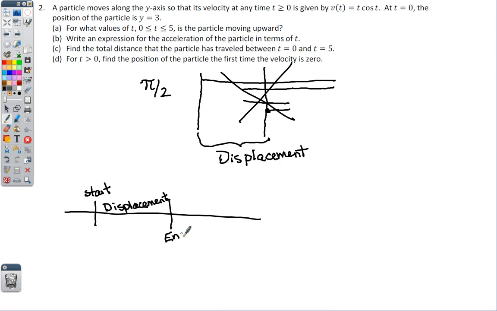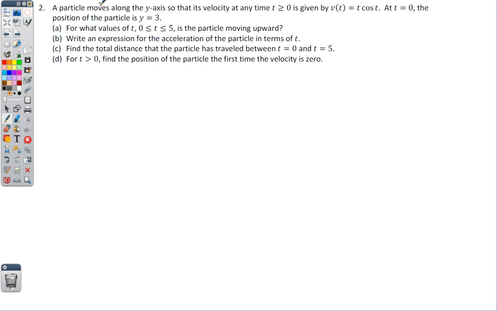So your starting position plus your displacement is going to equal your ending position. Okay? So that's what we're going to do. And we know the starting position is 3. So let's find the displacement.